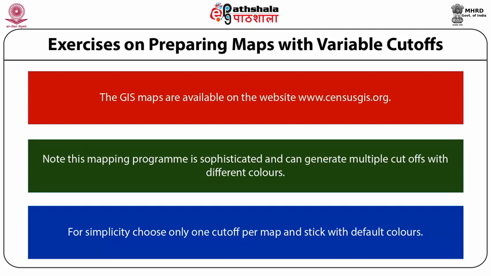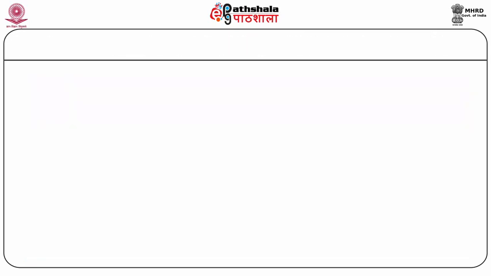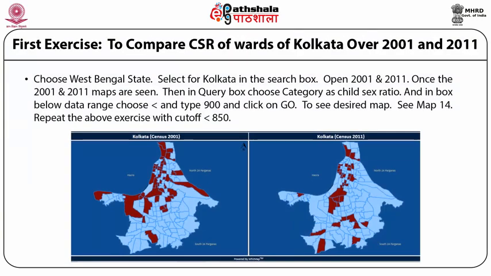Now, you can actually do multiple cutoffs, but I'm trying to simplify it, and I'm starting with the first exercise. I'm comparing the wards of 2001 and 2011 of Calcutta. So I start with West Bengal state, then I choose Calcutta in the search box. So I choose the district of Calcutta.